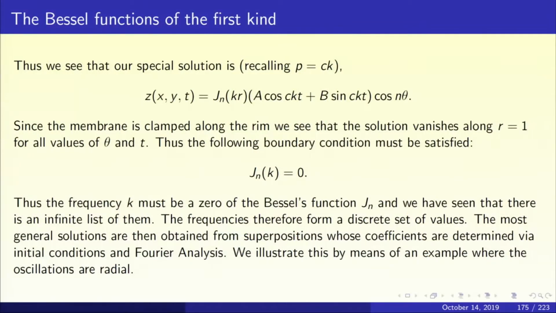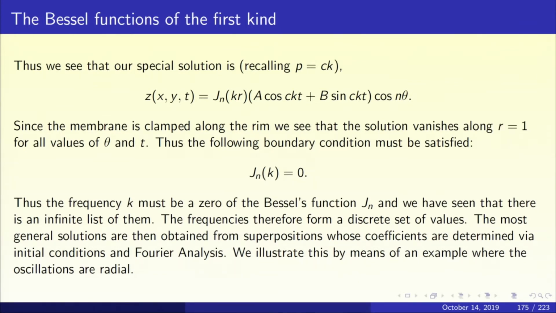So, the frequency k must be a zero of the Bessel function J n of x, and so there are infinitely many such values of k, because the Bessel function J n of x has infinitely many zeros. So, the frequencies form a discrete set of values, and the most general solutions are then obtained by superpositions with coefficients that are determined via certain initial conditions and Fourier analysis.